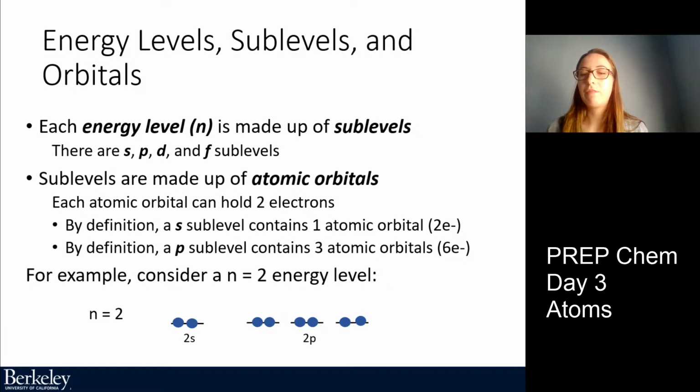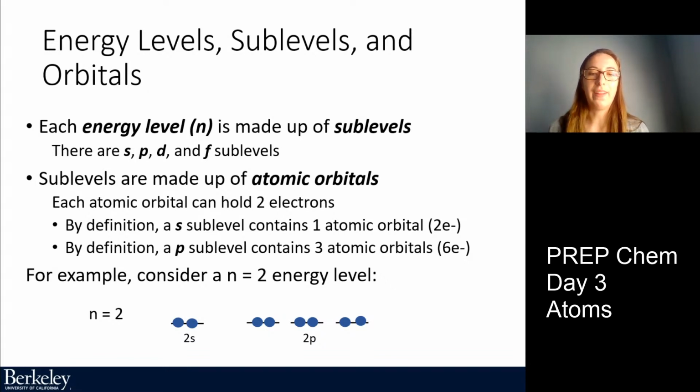So D and F sublevels will only apply if you're working with an element that actually has those sublevels. I'll do some examples in a bit, but you'll notice that all of my examples are from atoms that only have S and P sublevels to avoid the D and F sublevels for now.